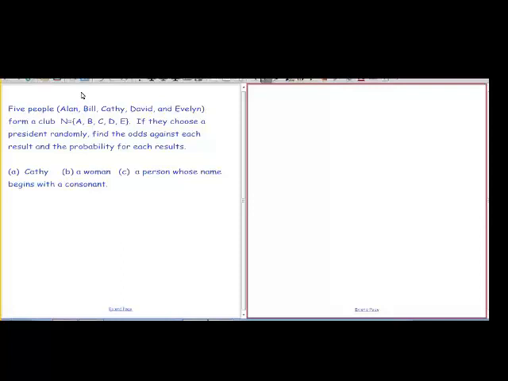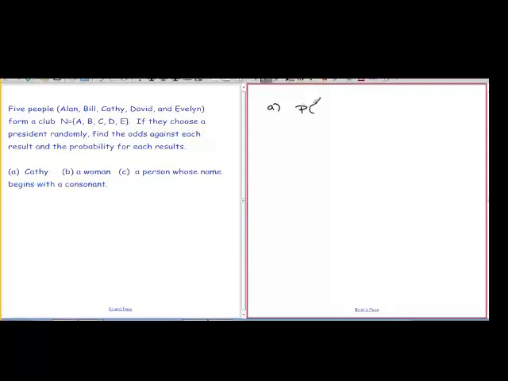What they're asking for here is to find the odds against each result and the probability for each result. I think the easiest way to do those problems is to just do the probability first, then the odds for, and then just switch them to find the odds against, instead of trying to think too deeply. So this is problem number 10 in the book.